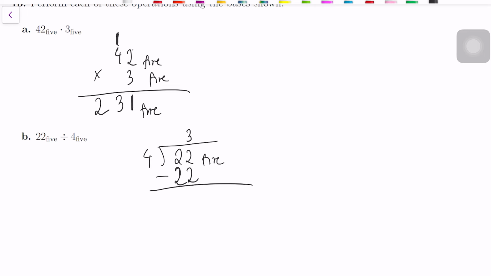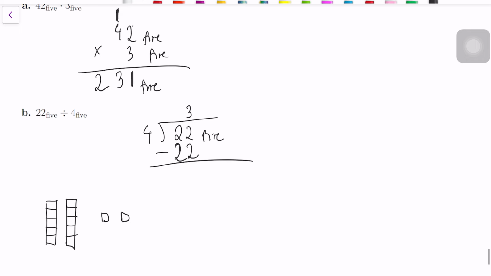So basically what I did, I visualized that you can even use a concrete model. If you have 2 longs, each has 5 units. That's a small enough number that we can just visualize it, and 2 units. You want to divide by 5, so you split, you create 5 units, and here you have 2 more.